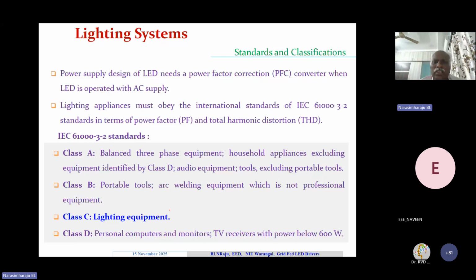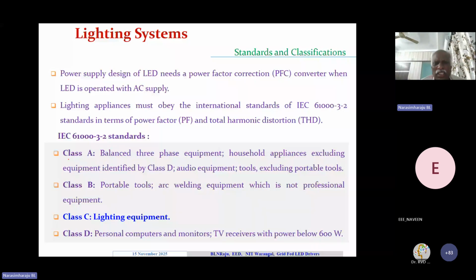For such standards and classifications, we have different international standards. There are various classes of standards, depending on the types of applications and equipment. Class A is especially for three-phase equipment and household appliances, excluding class D audio equipment and portable things, all of which come under the class A IEC standard.